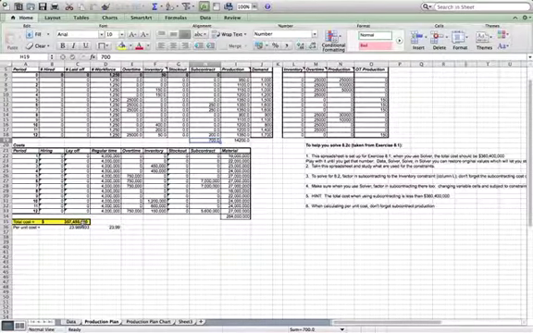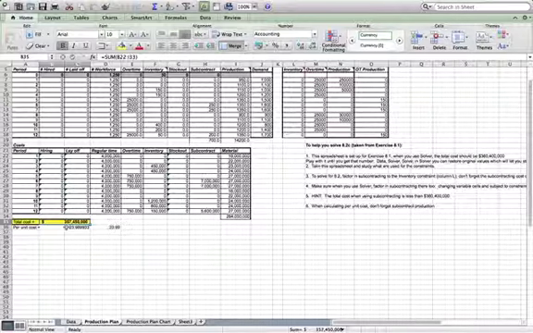Providing that gave us the total cost of $357,450,000.